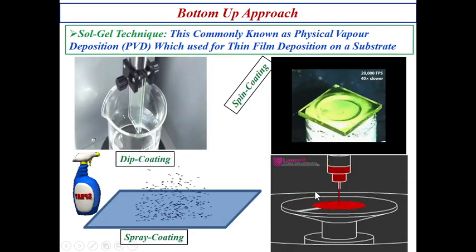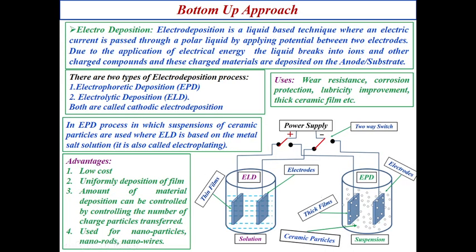Okay, so then another method is electro deposition. This is also a bottom up approach. Electro deposition is a liquid based technique where an electric current is passed through a polar liquid by applying potential between two electrodes. Due to the application of electrical energy, the liquid breaks into ions and other charged compounds, and these charged materials are deposited on the anode or substrate.